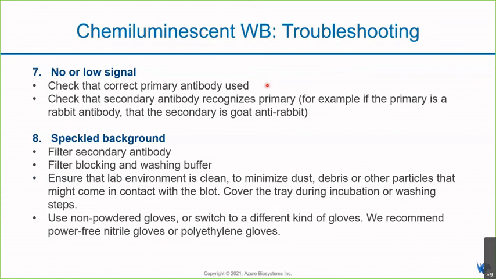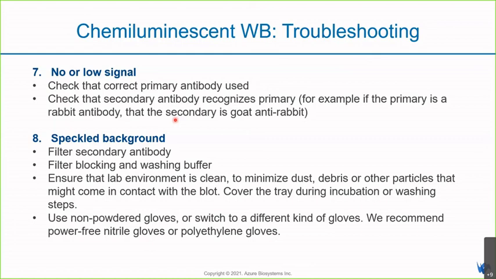One way it can be done is to include another lane containing a positive control that confirms that the protein of interest is present. Second, check the secondary antibodies that recognize your primary antibodies of choice. For example, if your primary is a rabbit antibody, then the secondary antibody should be goat anti-rabbit.